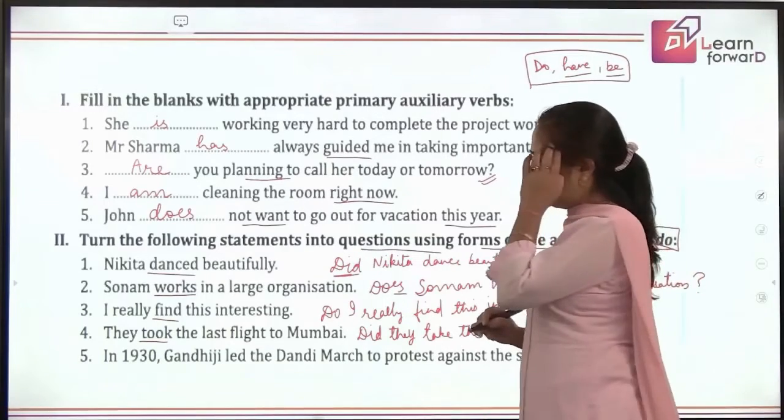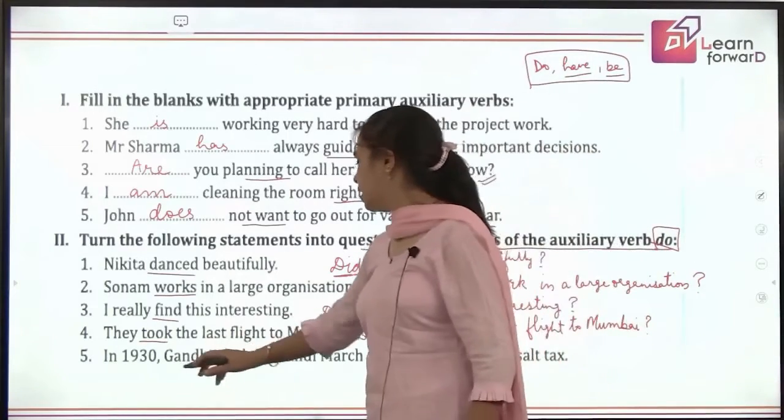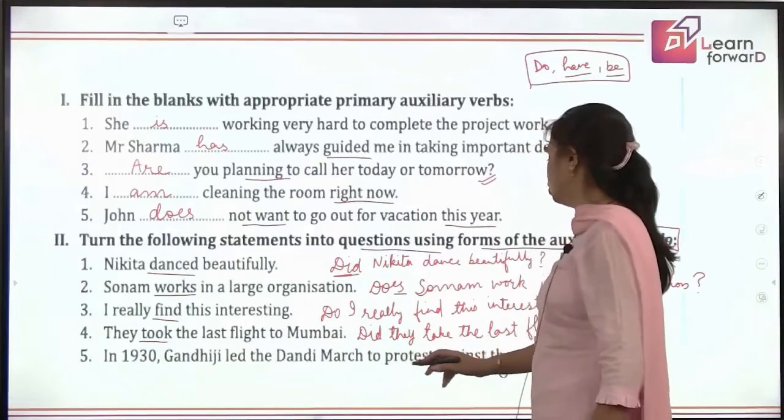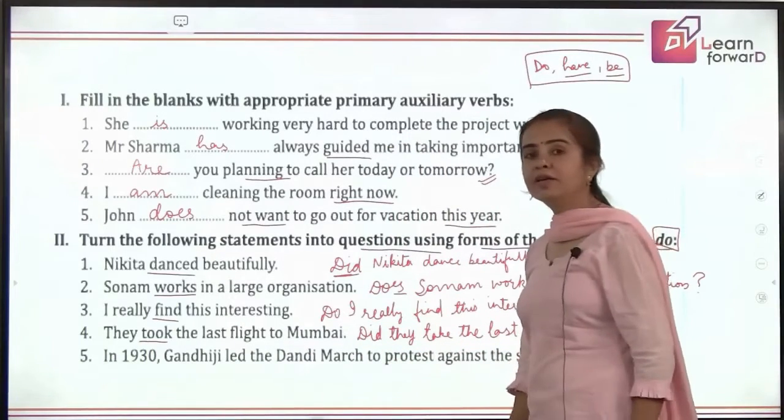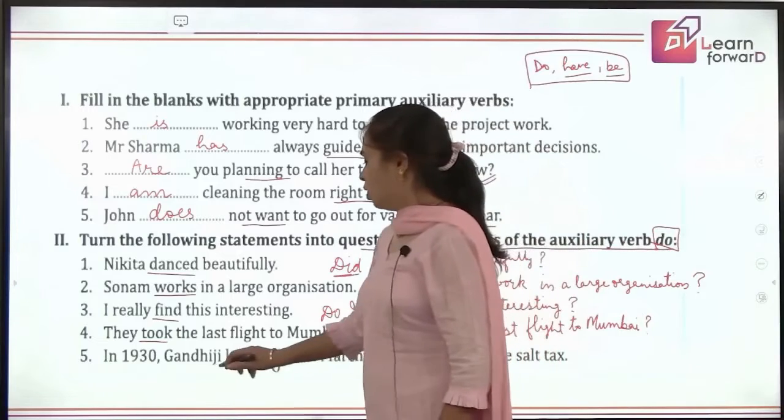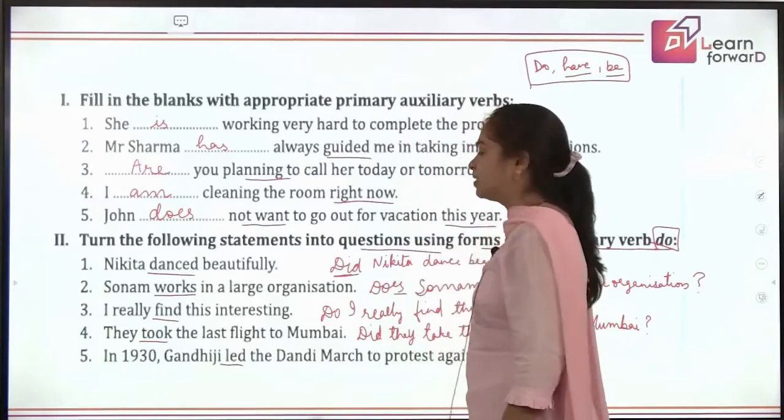And the last but not the least, in 1930, Gandhiji led the Dandi March to protest against the salt tax. Now, here again it is past tense.